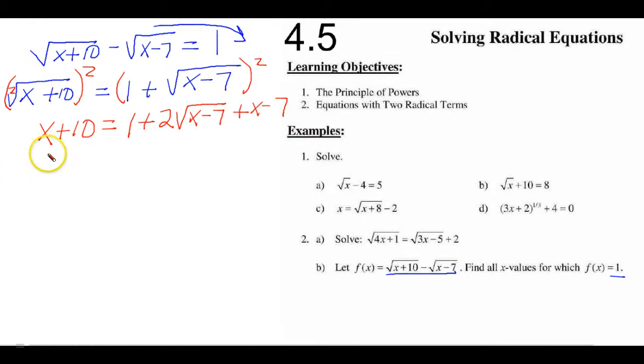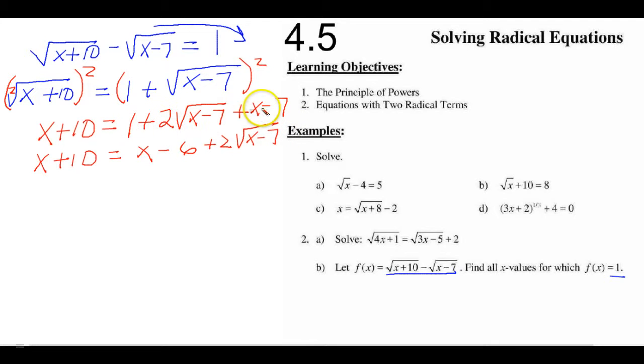Now we're going to organize our terms here. Now here I have a 1. Here I have a negative 7. And I also have an x. So I could put that x right there. And this is going to become a negative 6 plus 2 times the square root of x minus 7.